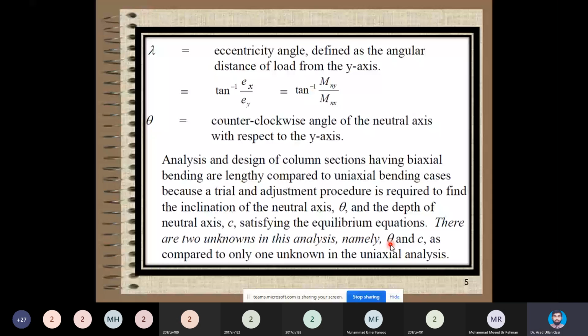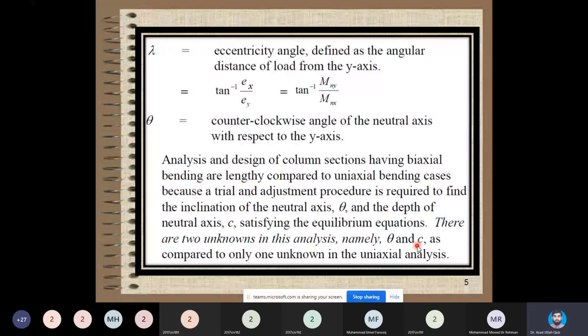But if I do all the calculation and I am not close to the question P, Mx and My, then I have to repeat the calculation with a different C and theta. In some cases, you will fix the C and vary the theta, while in other cases, you may fix the theta and vary the C value. So both need to be considered until you get to the question P, Mx and My.